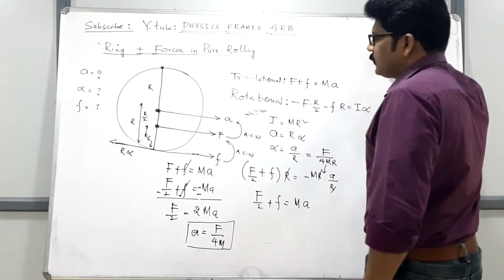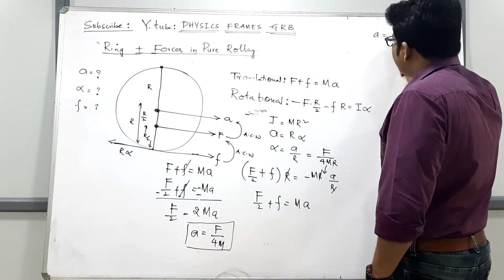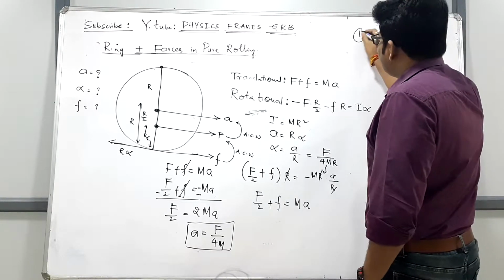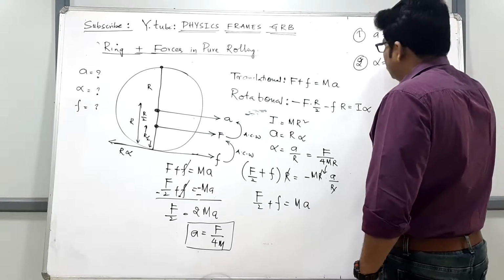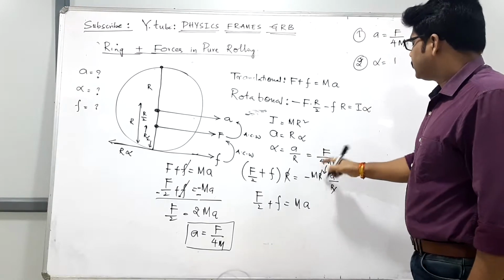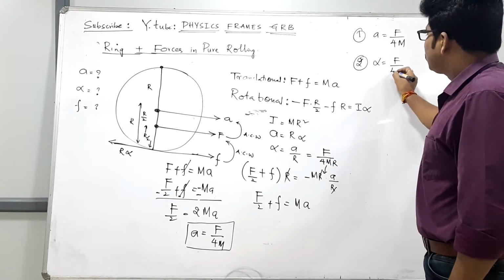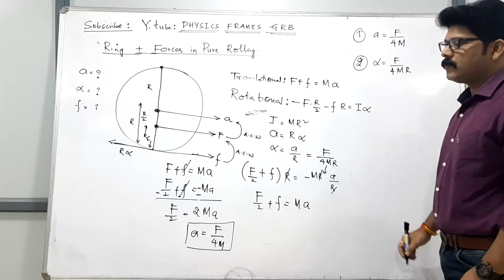Here what we got: acceleration A equals F by 4M, first equation, and alpha equals F by 4MR, second one, and we want the frictional force.